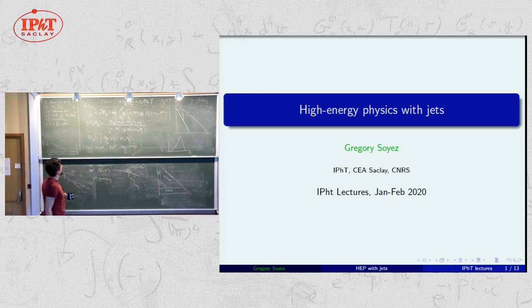And these type of variables now have been called Sudakov safe observables. These are strange beasts. Essentially, they are the reason why you can give an answer. We'll discuss that in detail in a second.